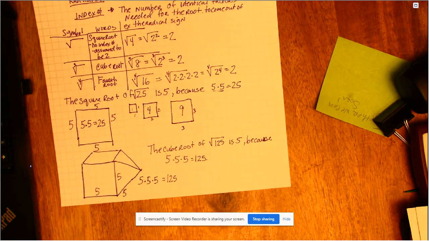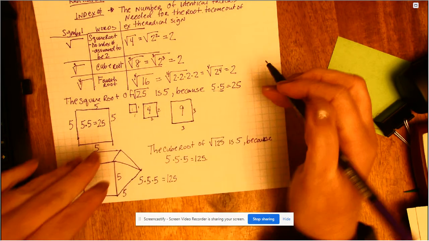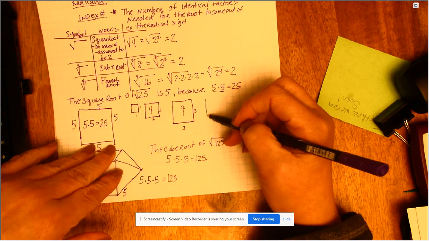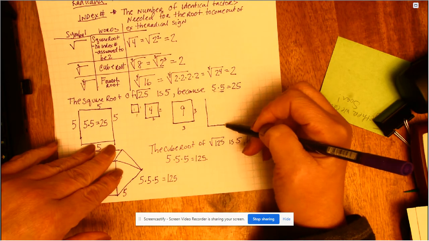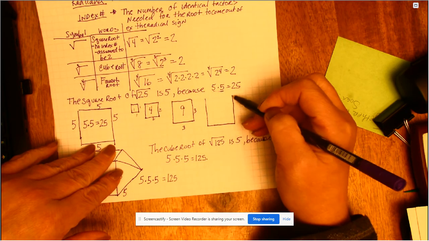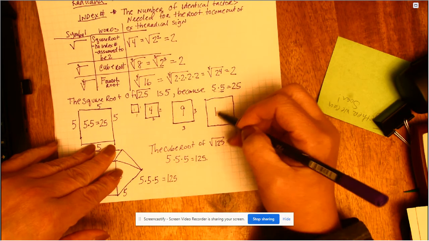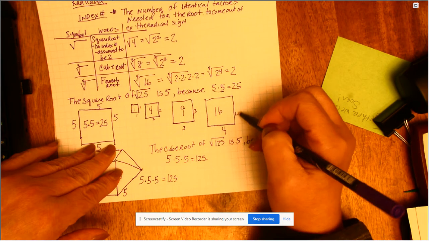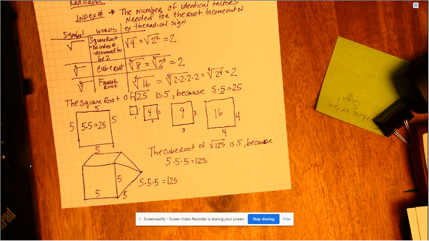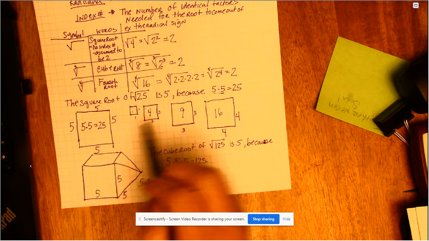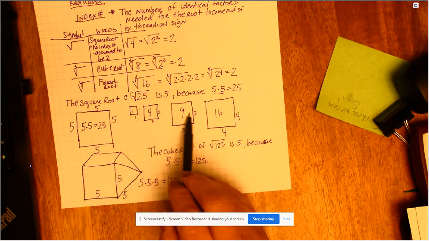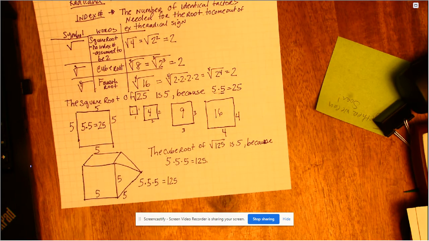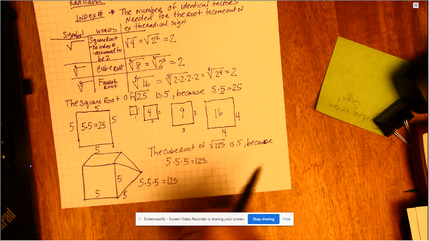So numbers like 1, 4, 9, 16, right? I know this area is 16 because 4 plus 4 plus 4 plus 4, or 4 times 4. And then we drew a 5 by 5 square. So these are considered the perfect numbers: 1, 4, 9, 16, 25, because they have integer side values that when multiplied together give you another integer.